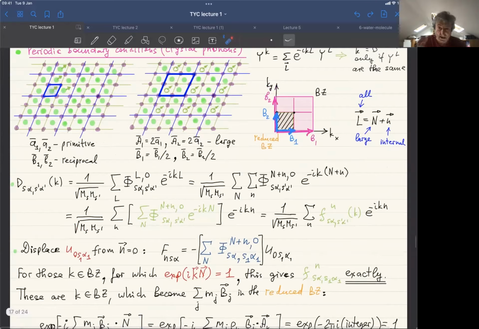So, for instance, K equals 0 would be such a point. But other points would also be such points, because they're obtained by a single translation associated with the reduced Brillouin zone. So even though K equals 0 obviously satisfies this equation, other 3 K points, this one, this one, this one, are legit.